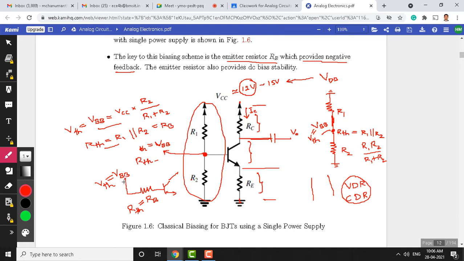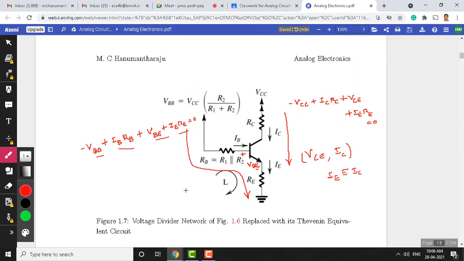The next circuit that I am showing you is exactly the same. You can see here there is a VBB, the same expression we derived, and there is a resistance RB, R1 parallel with R2, and of course the remaining circuit, the second parallel branch, is retained as it is. We are not changing this bias circuit, only the input side, that's all.